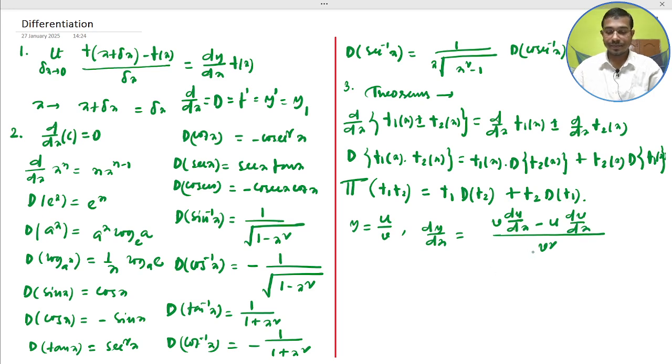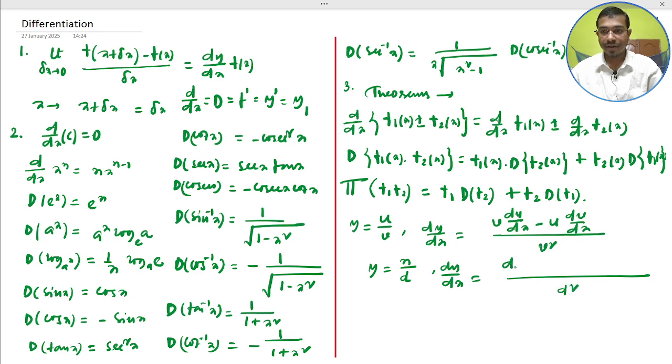This is the formula, y equal to numerator divided by denominator. In the general form, dy/dx means denominator square, denominator into capital D of numerator minus numerator into capital D of denominator. This is the general expression.